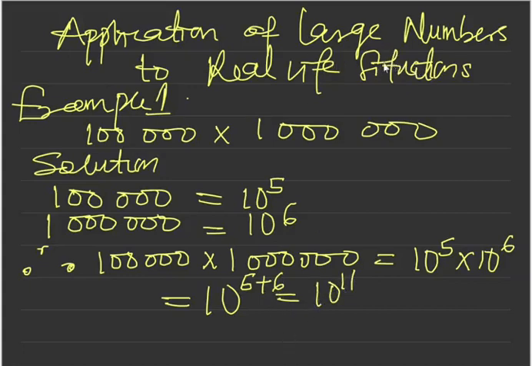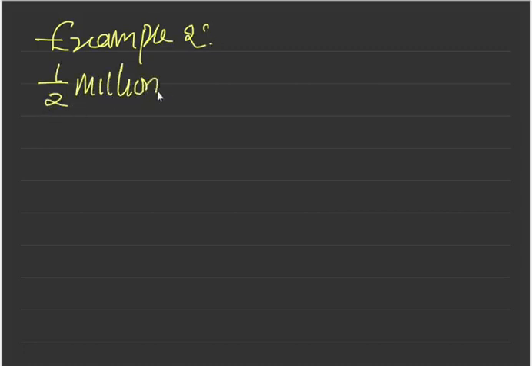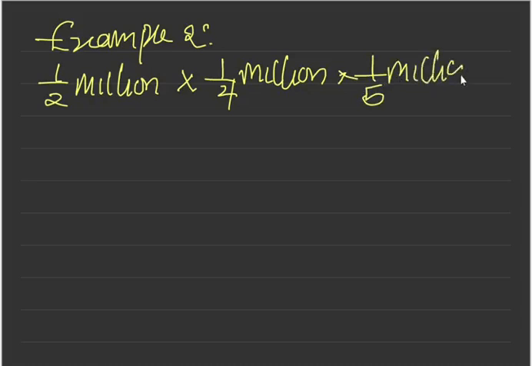Let's continue with another example. Let's have example 2 in a real life situation. Somebody says multiply half of a million, 1/4 of a million, and 1/5 of a million.